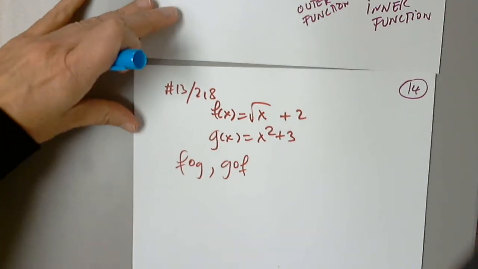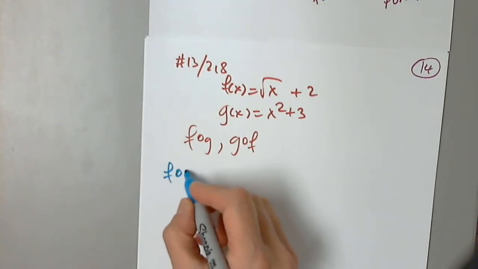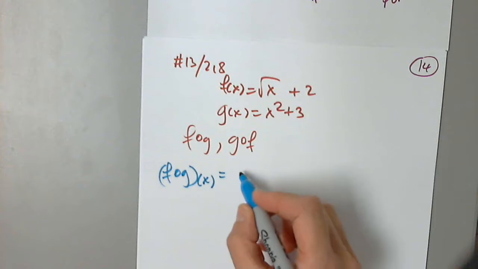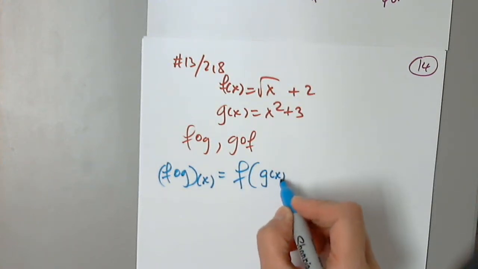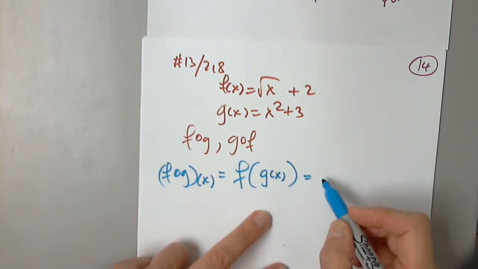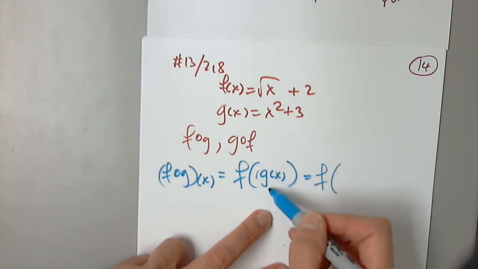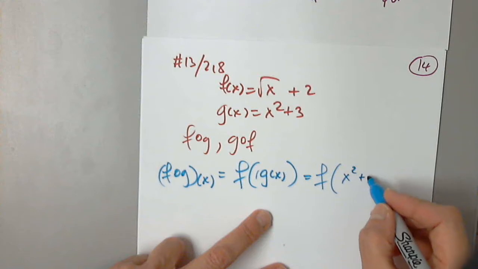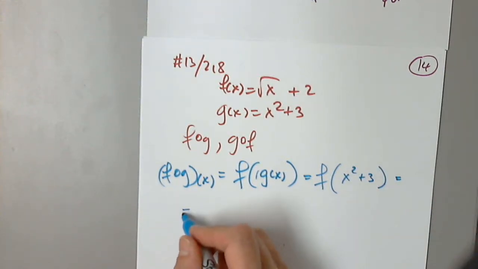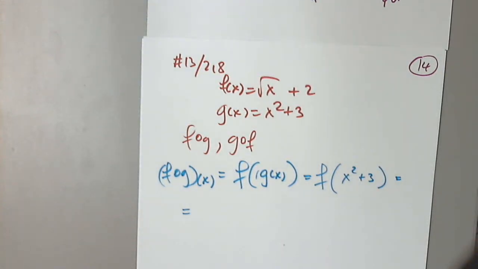Okay. So please write the definition first. f comp g of x is f of g of x. Then please write inside f, replace g of x by x squared plus 3. And only now look at f. f says to us f of blah equals the square root of blah plus 2.